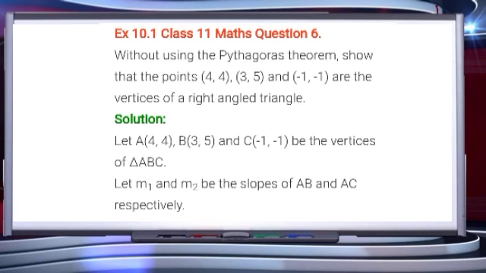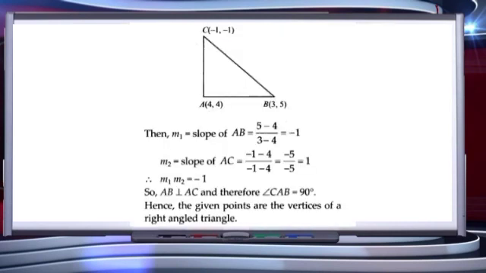Now here we will be proving this with the help of the slope. We know that the product of the slopes of two perpendicular lines is always -1. So we will find individually the slope of AB, BC and CA. The slope of AB first, that is M1, is y2 minus y1 over x2 minus x1: (5 minus 4) over (3 minus 4), that reduces to -1.